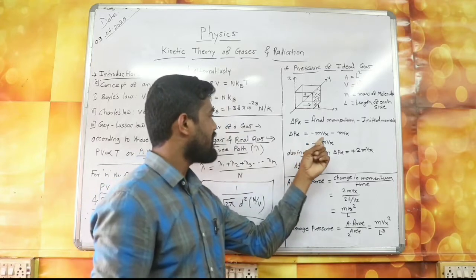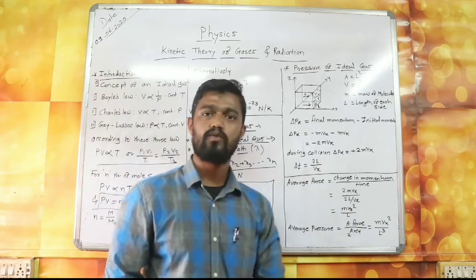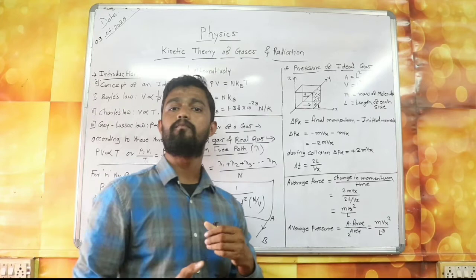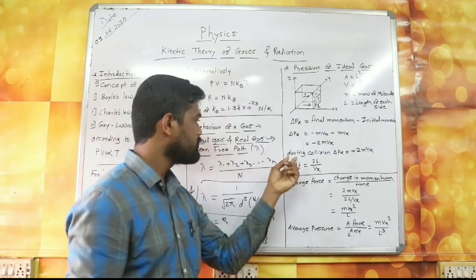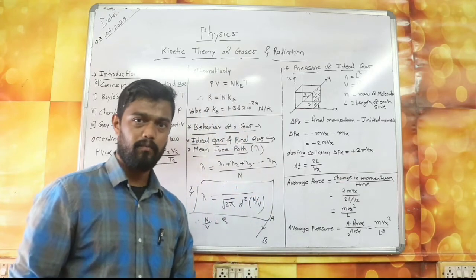So minus mvx minus mvx, you get minus 2mvx. Now the momentum change of the wall during collision is positive. During collision delta px is equal to plus 2mvx.